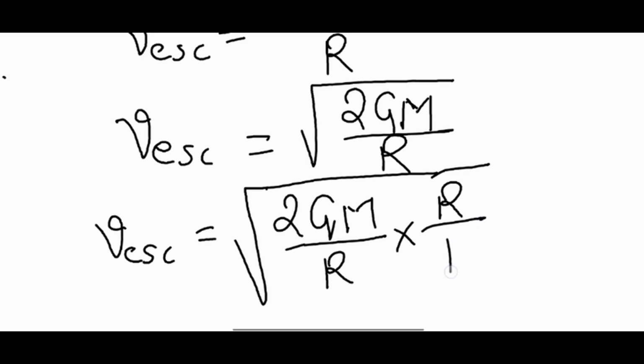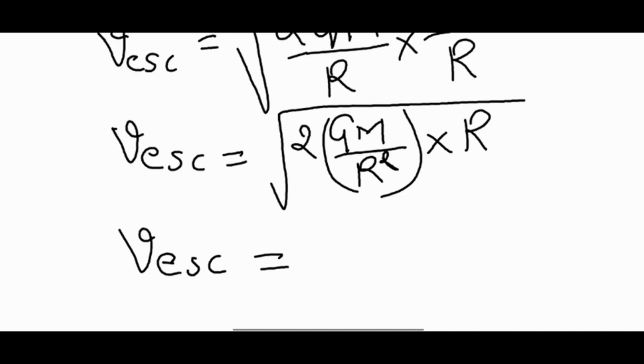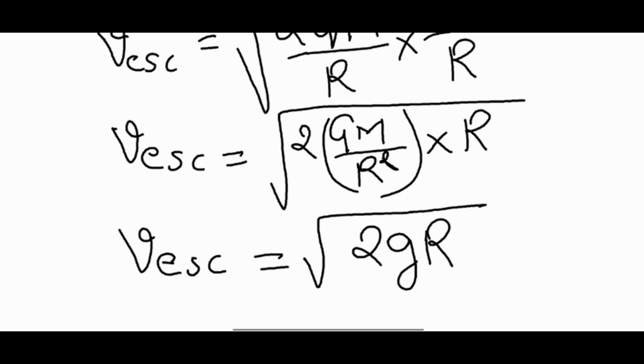Dividing and multiplying this equation by capital R, the radius of the earth, this equation will be 2GM upon R square into R. Then escape velocity is equal to square root of 2gR.